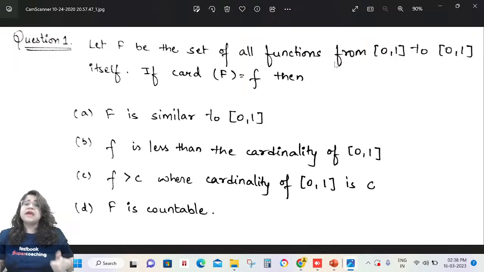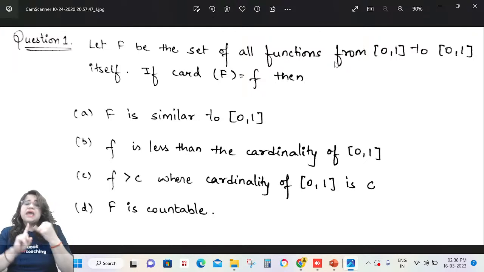So the cardinality of capital F, which is the set of all small f, is going to be bigger and bigger than your continuum, that's C.